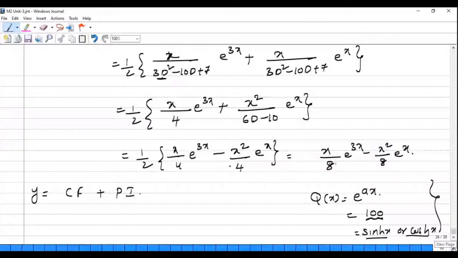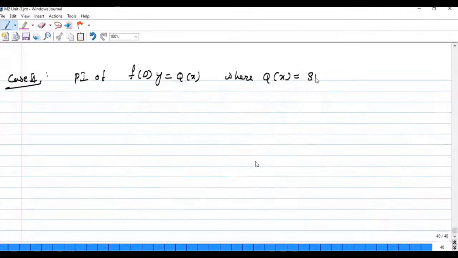Case 2: PI of f of D of y equal to Q of x, where Q of x is sin of ax plus b or cos of ax plus b or sin ax or cos ax. For all these, PI will follow the same procedure.